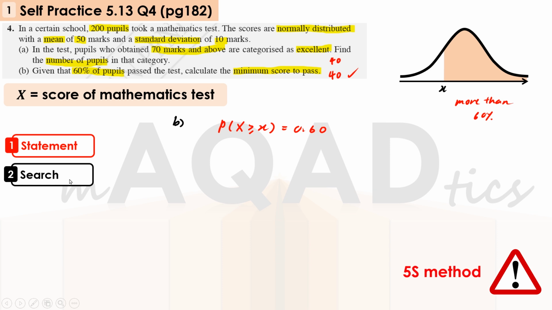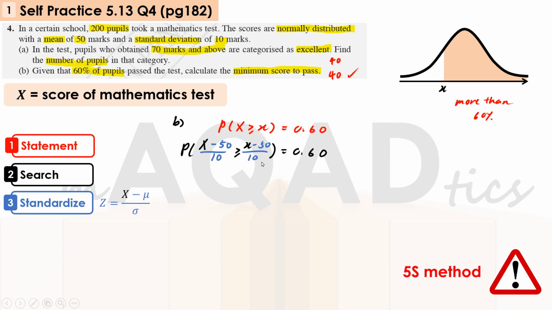Then our second S is search. In part A, we have already searched that the mean is 50, standard deviation is 10. Third S is to standardize, so from x to become z, for both x here, we need to minus mu divided by sigma. And then here, we simplify this part to become z.